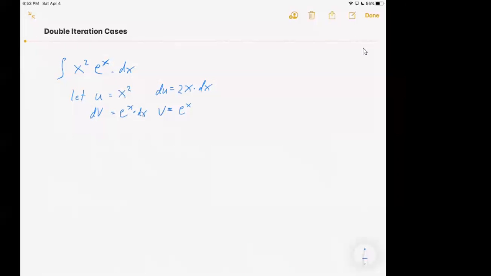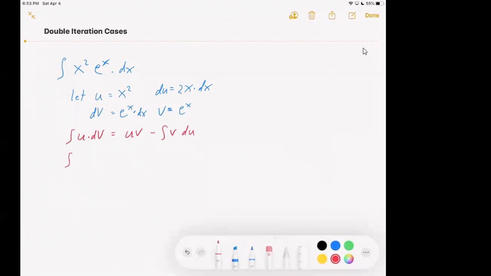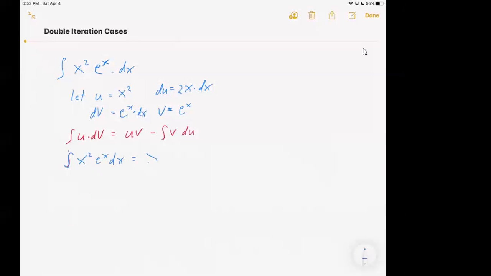So now we have our grid to work with. And the formula, let me write that out. The integral of u dv is equal to uv minus the integral of v du. So this is the integral of x squared e to the x dx, the original problem, equals uv, that's x squared e to the x, minus the integral of v du.